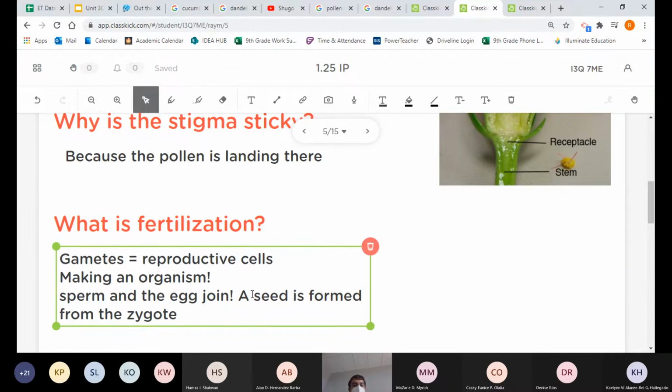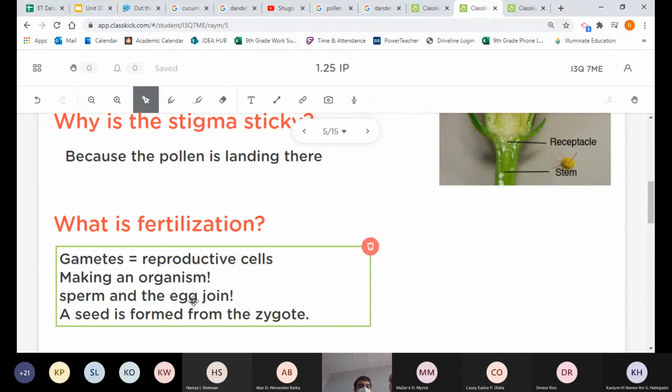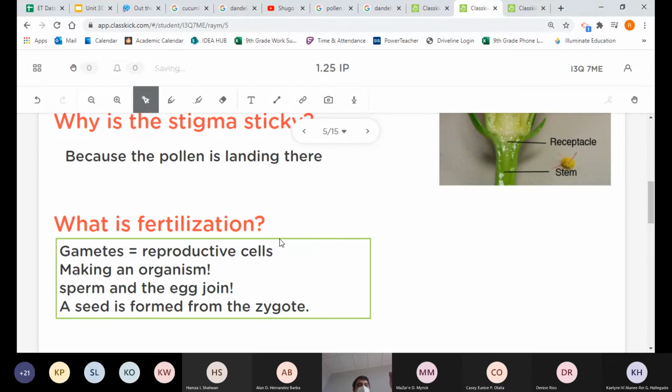Zygote is just a fancy word for the sperm and the egg together. So fertilization, when the gametes fuse together, they form a zygote, which will eventually become a seed. In us, that's going to be babies. In plants, it's going to be seeds. All right. Any questions about that?